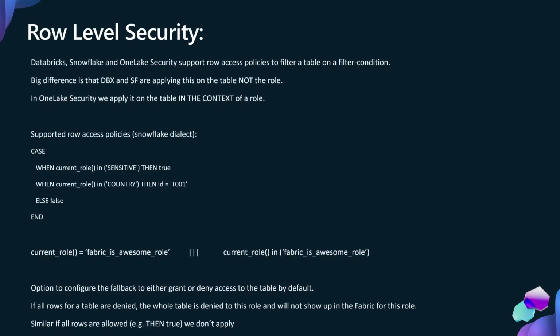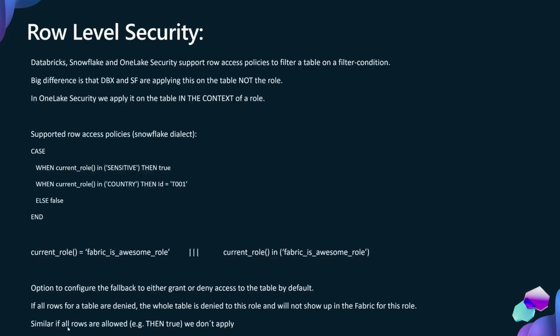We also recommend setting deny here so that you don't run the risk of oversharing. Here it also applies that if all rows are denied, so if this false is triggered for no filter, then the whole table just doesn't show up in Fabric. So you don't see an empty table, you just see no table at all.